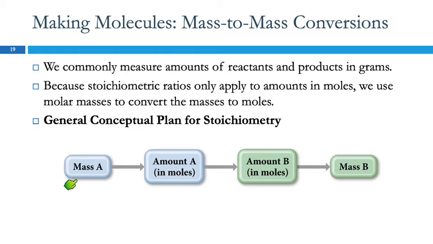You're starting with the mass of compound A. You convert that to A in moles. You convert that to amount of B in moles. And then you convert the moles of B to mass of B. So in a shorter form, this is grams to moles to grams. So that is the path that you start with for any stoichiometry problem.